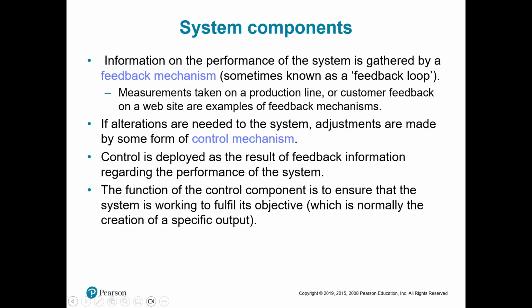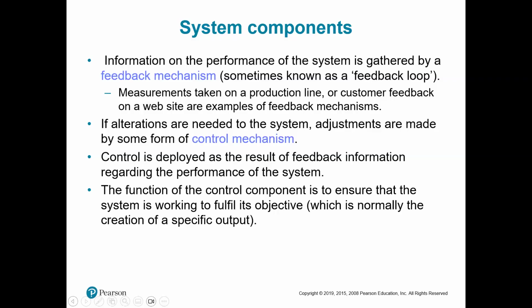All right. So do we get the function of the control component? It's just to ensure that the system is working to fulfill its objective. The objective is what? To be able to provide online lectures every weekend. But now there's internet issues. So that is the feedback we are getting. So what control mechanism can we put in place?